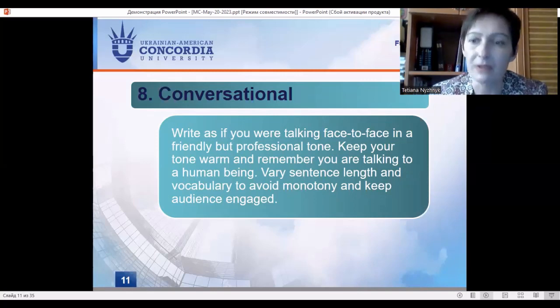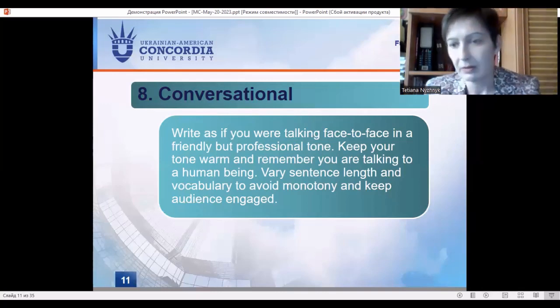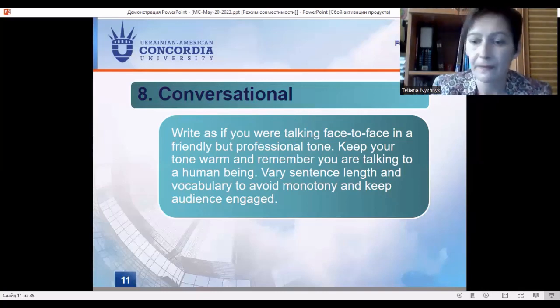Sometimes, in certain types of documents, it can be advisable to avoid monotony by varying sentence length, for example, and trying to vary vocabulary, again, within the allowed limits.